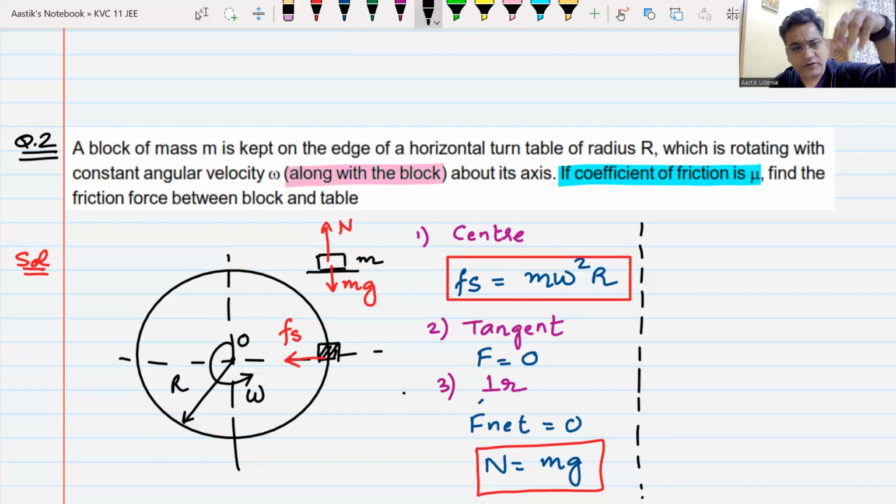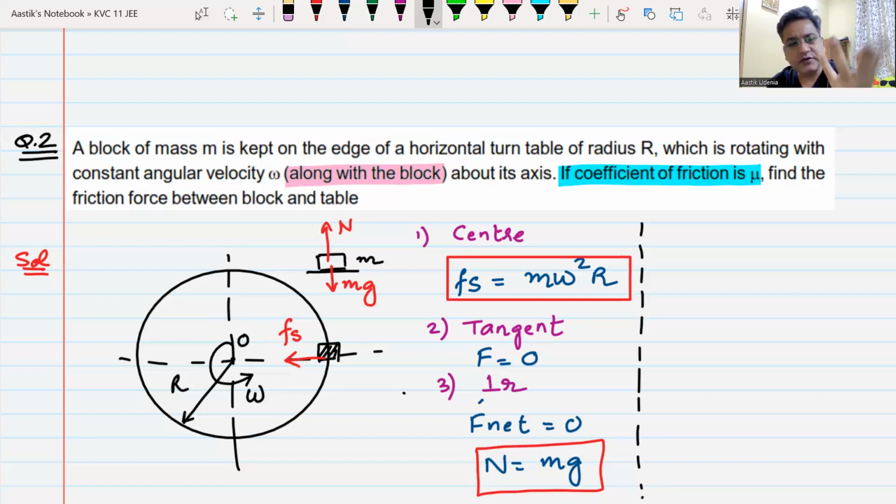It may fall, sir. It will slip on the table.